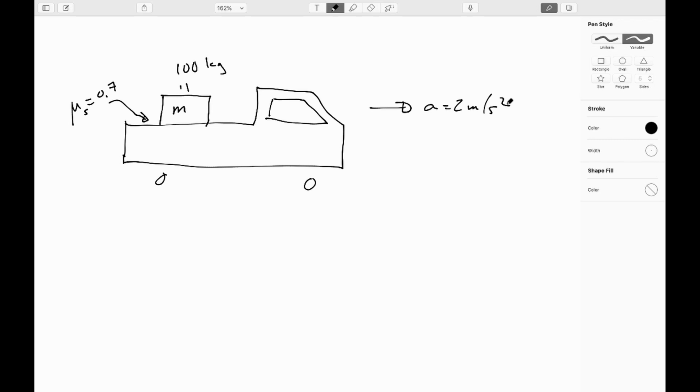All right, now remember, what we want to find is what would be the force of static friction required to keep it stationary, and does the box slip?